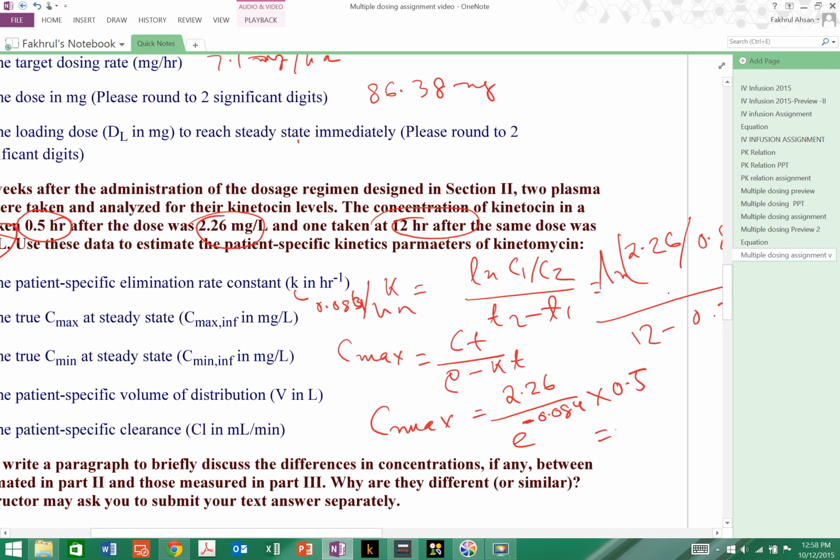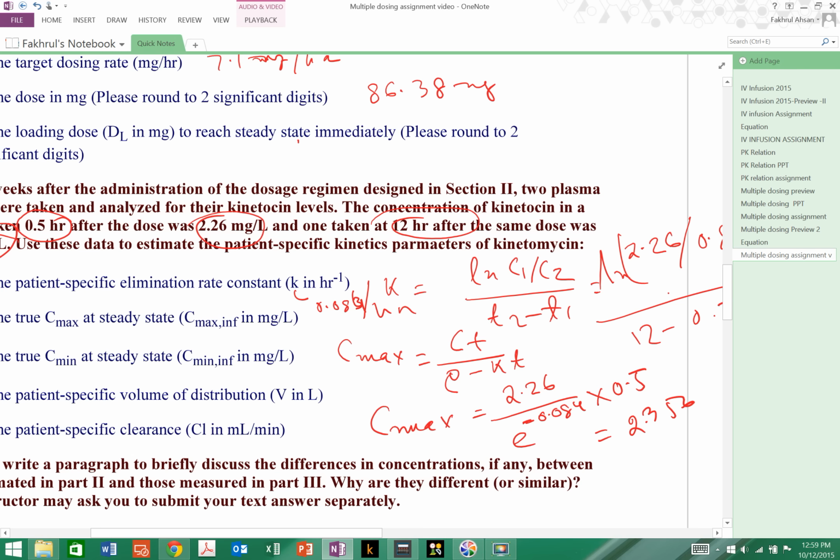So this should give you a Cmax of 2.356. As I have said, you could have used a different concentration.